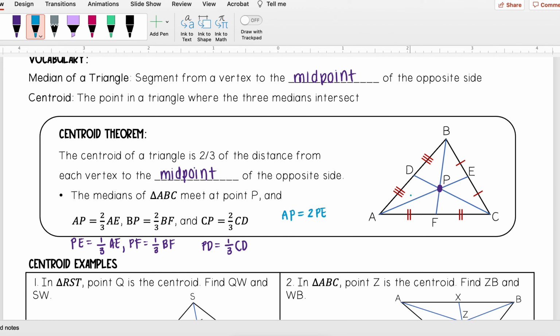So for instance, if PE here was 5, that would mean that AP is 10. It's going to be twice the distance of that. And I can do that for the rest of these. So BP is equal to 2 PF, and CP is equal to 2 PD. So we have a lot of different relationships that come from this. In the next video, we'll look at some examples applying these.